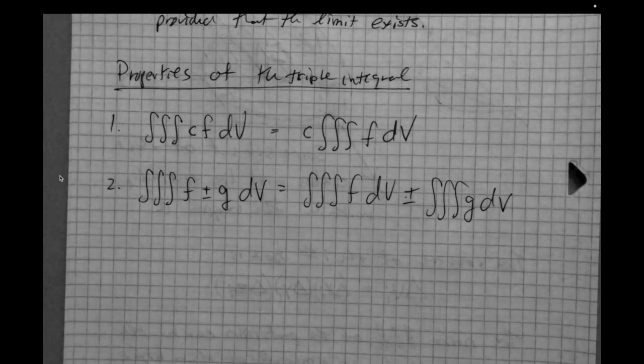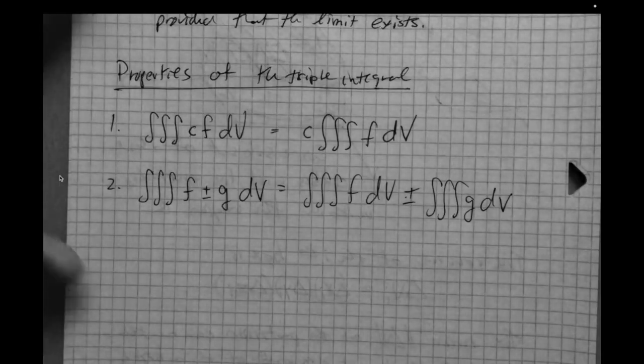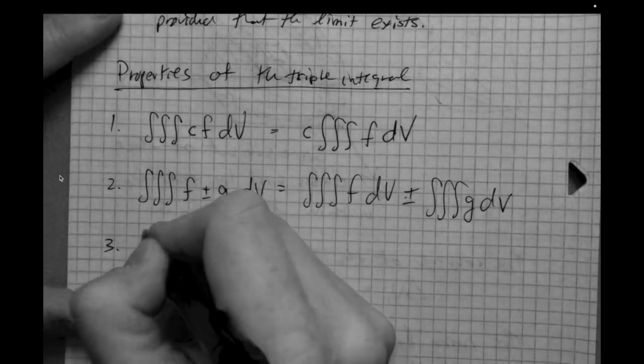And then the other one is the idea of taking the region Q and breaking it into 2 or more pieces, then separately integrating them and adding the results. That works for triple integrals as well.